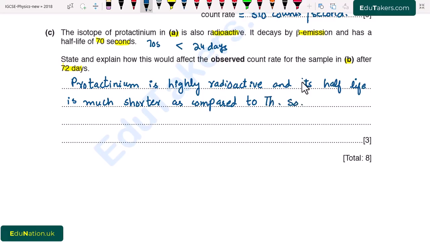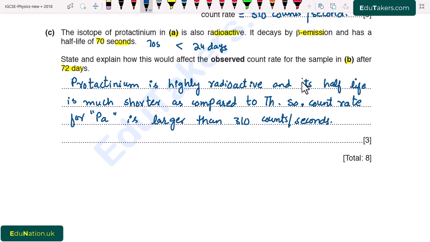So count rate for protactinium is larger than 310 counts per second. It means that the count rate for protactinium should be larger as compared to the thorium.